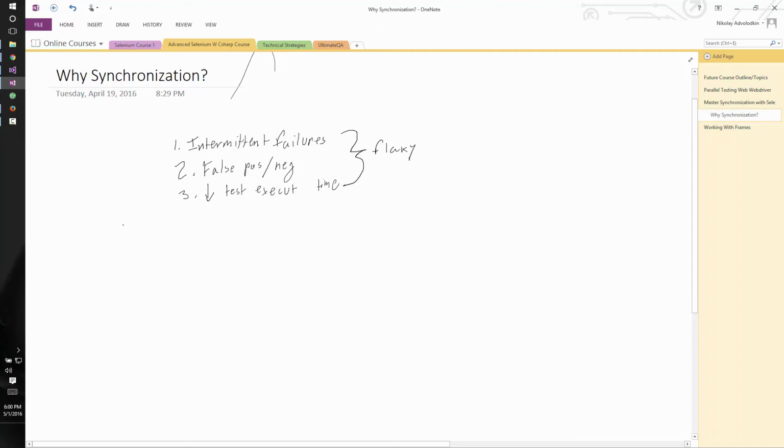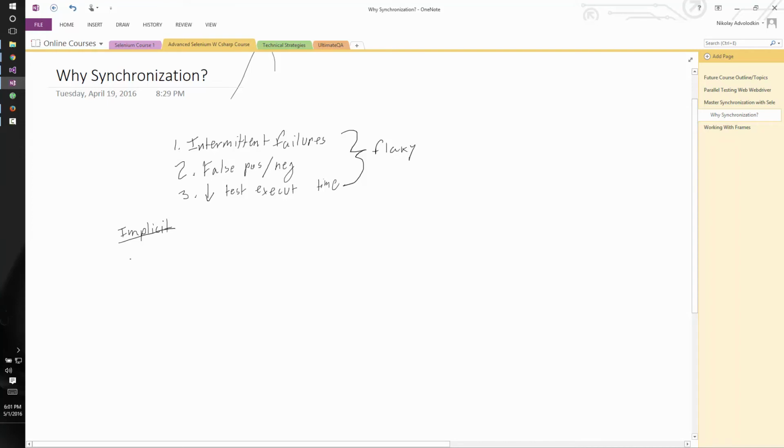So after we learned why synchronization is so important, we learned several different types of Selenium timeouts that exist, and those are implicit. Implicit timeouts, if you remember, are those defined by Selenium WebDriver. It's just the driver.manage.timeouts.implicitlyWait, and then you specify the amount of time that you want WebDriver to wait.